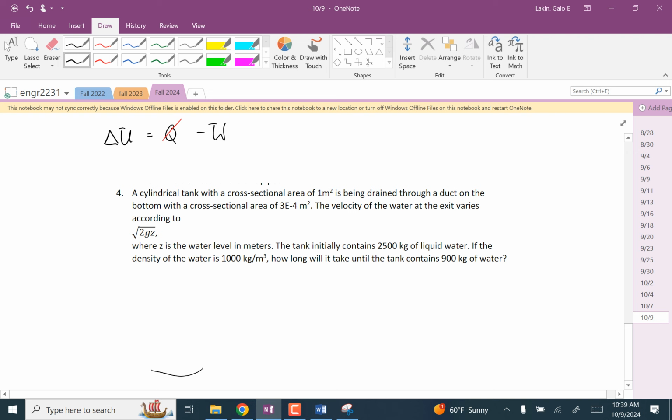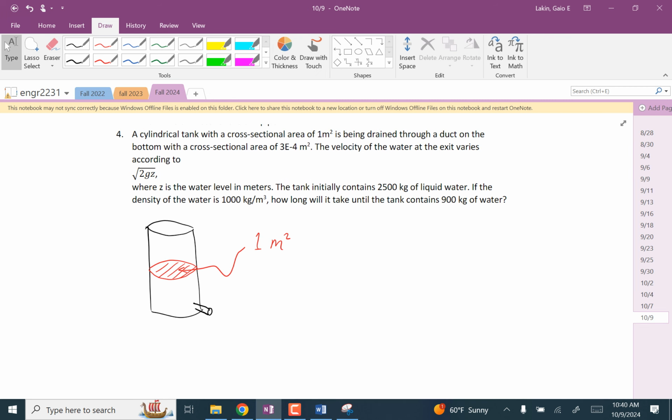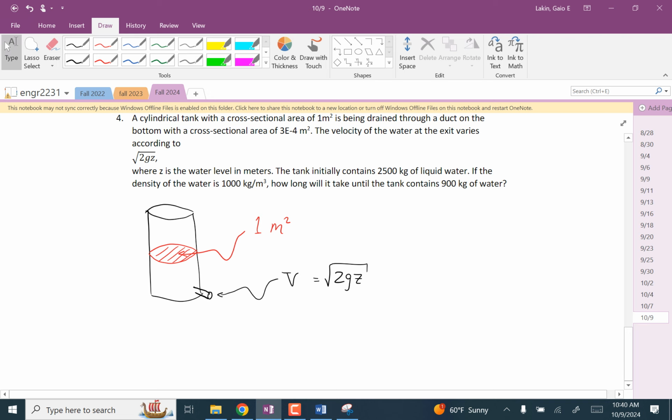So we have a cylinder. The area here is 1 meter squared, and it's being drained, and the velocity of the water exiting is the square root of 2gz.